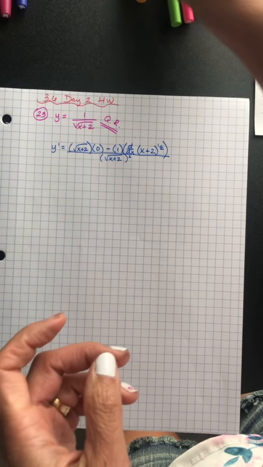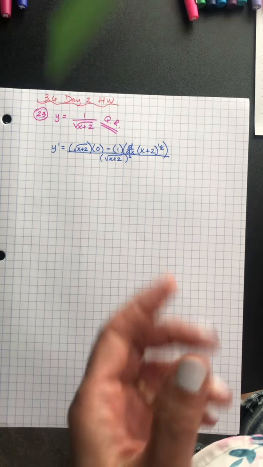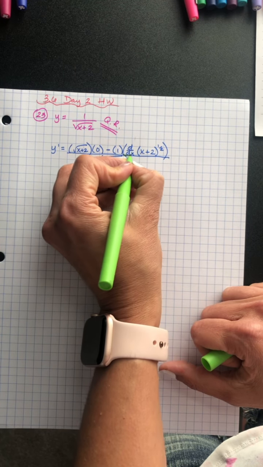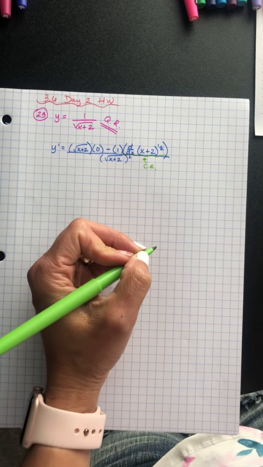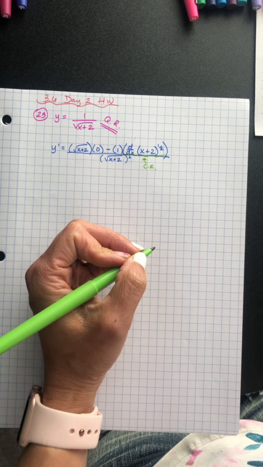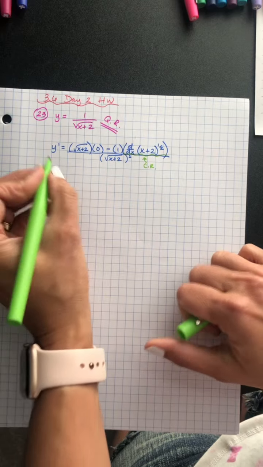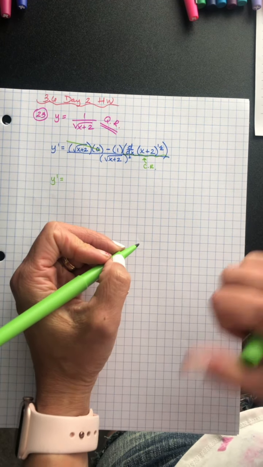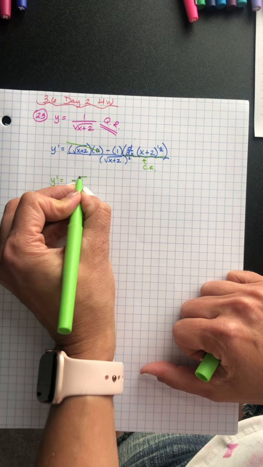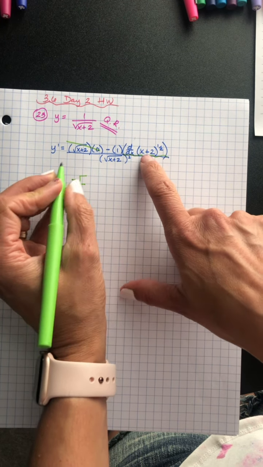Okay, so next, well, we have to use the chain rule on that part right there because we still have a derivative that we have to take. Okay, so y prime is going to equal, well, anything times 0 is 0, so that's gone. And we have a negative out front, and then we have to take the derivative of the inside.